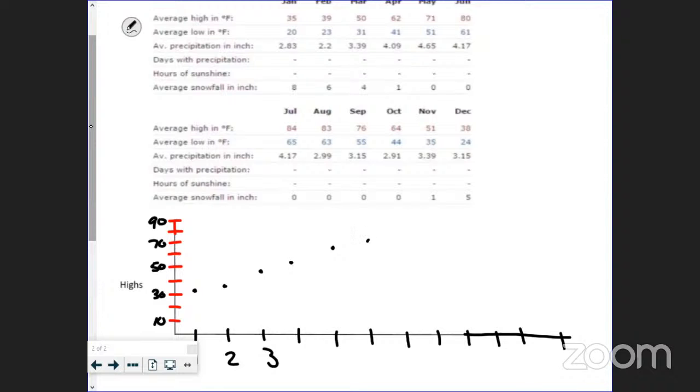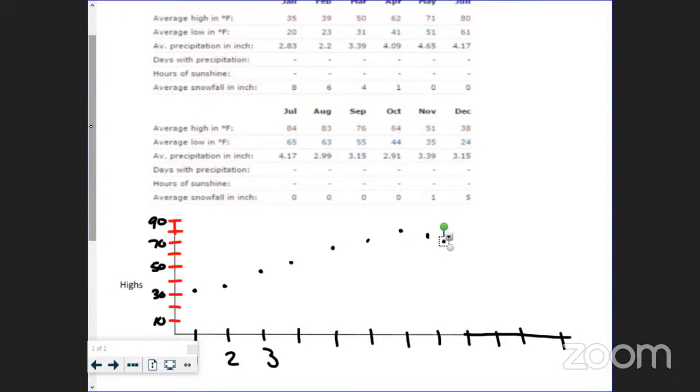Then 84, up a little higher. And then it was down to 83. There. Then it was 76. I think those are not up high enough. This guy here.